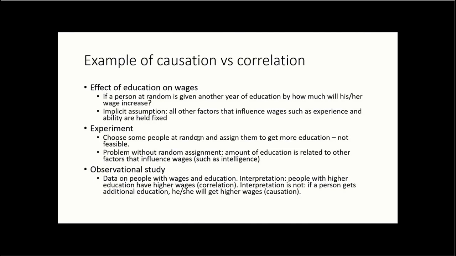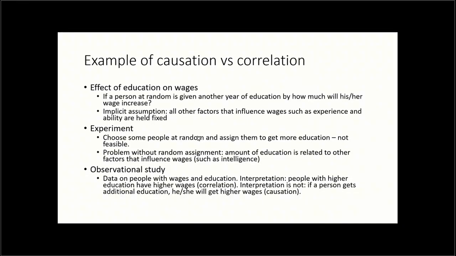Here again, we have an implicit assumption that we hold all other factors constant, such as experience, ability, and so forth. If we tried to run an experiment by assigning people at random to get another year of education or not, that's typically not feasible, because it's hard to run this kind of experiment in real life.